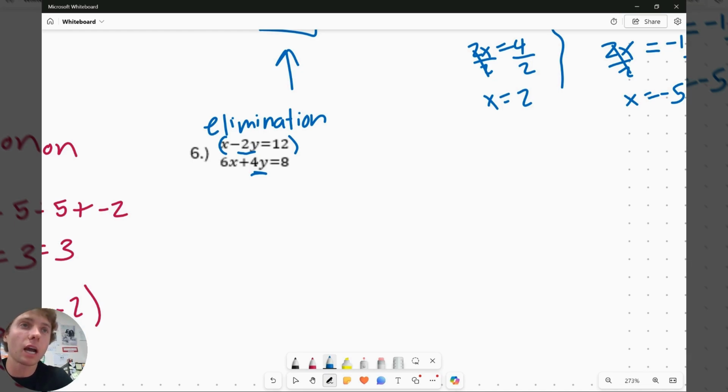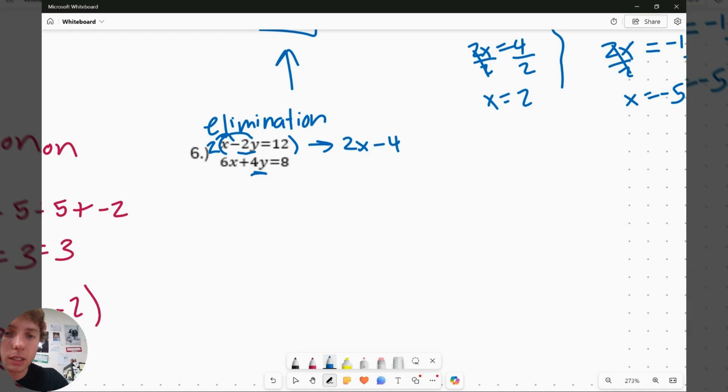They already have different signs. I just need to figure out what to multiply -2 by to give me the opposite of 4. So let's look at what that process is like. In order to do that, I can multiply by +2 here, because 2 times -2 would give me -4, which is exactly what I want.